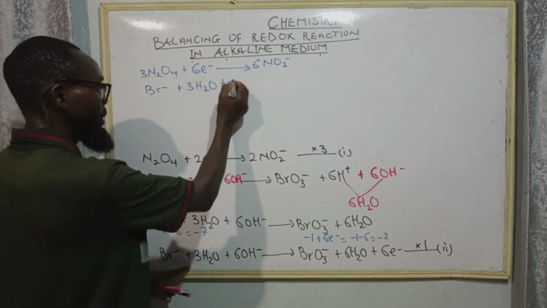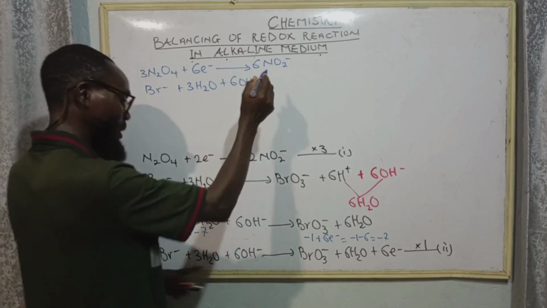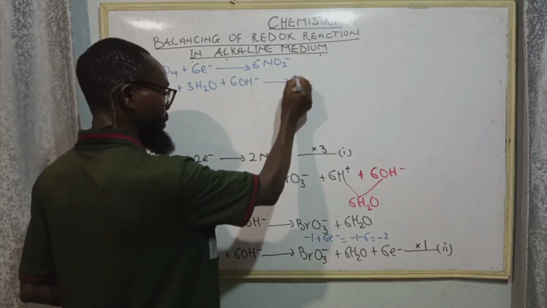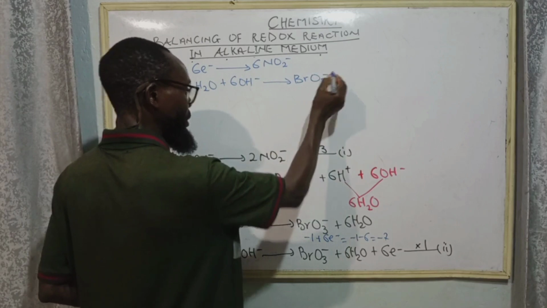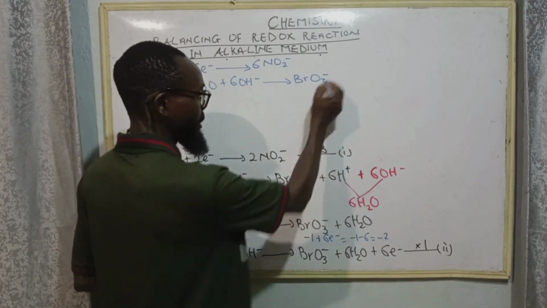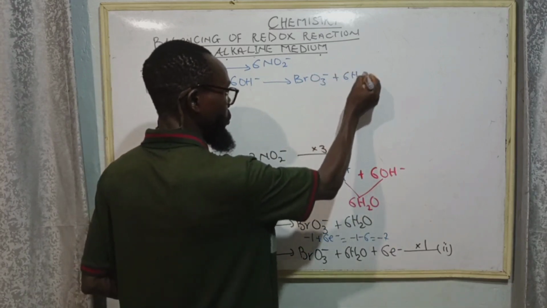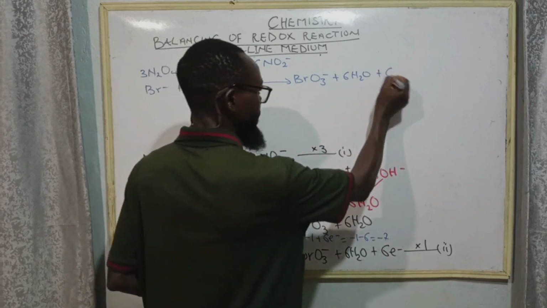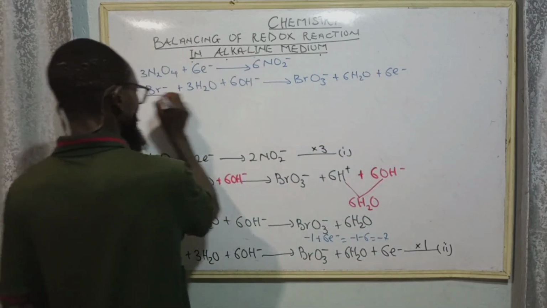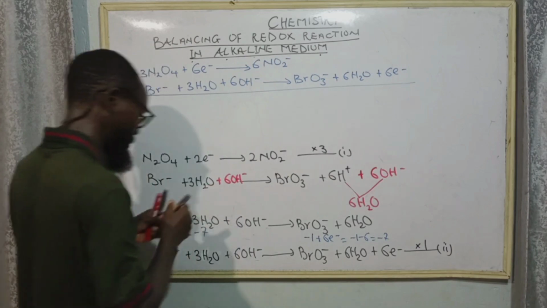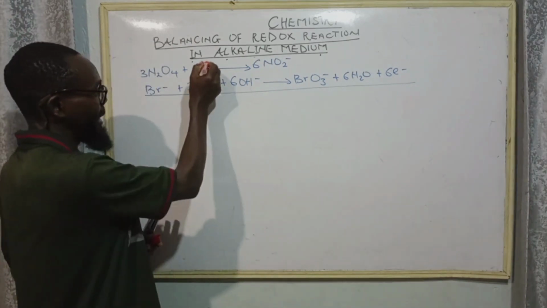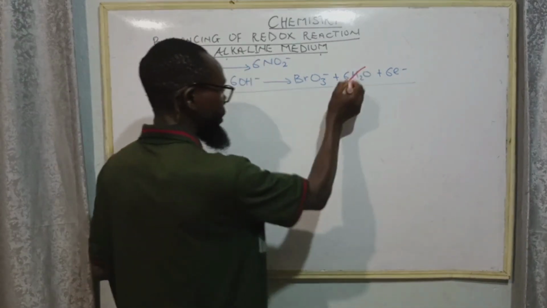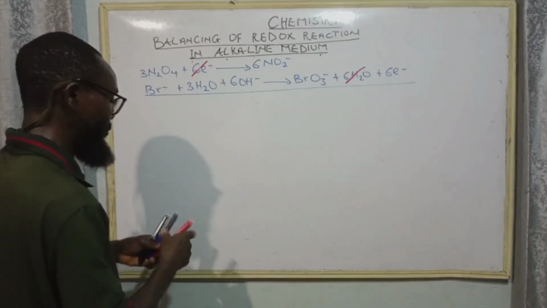3H2O plus 6OH minus to give me BrO3 minus. I multiply by 1, plus 6H2O plus 6 electrons. So 6 electrons cancel 6 electrons. So what do we have left?